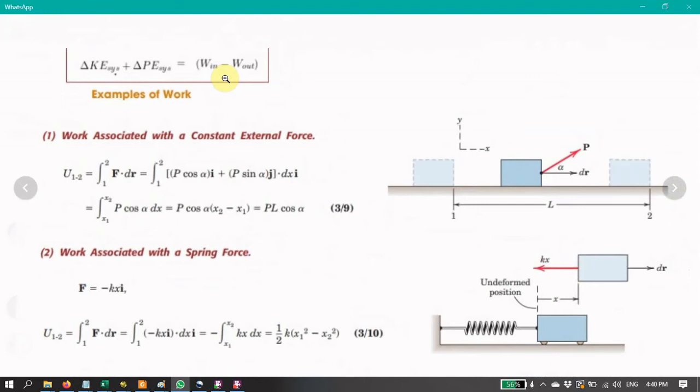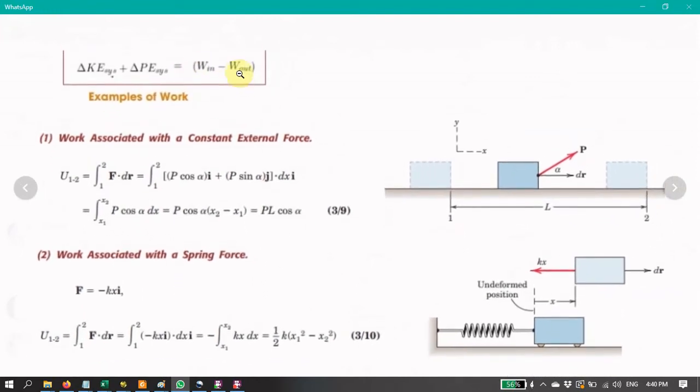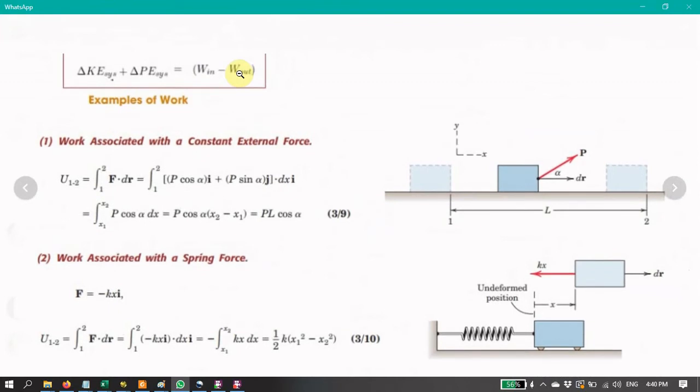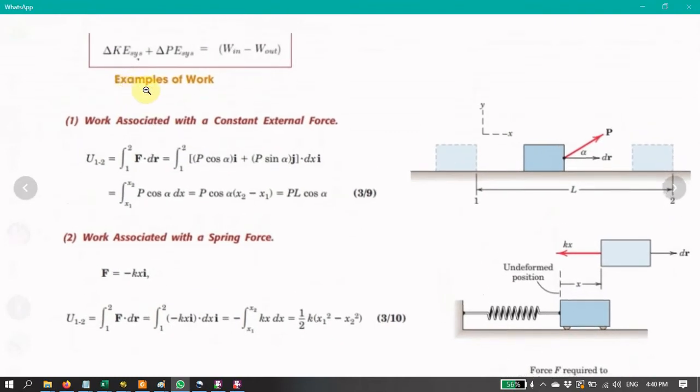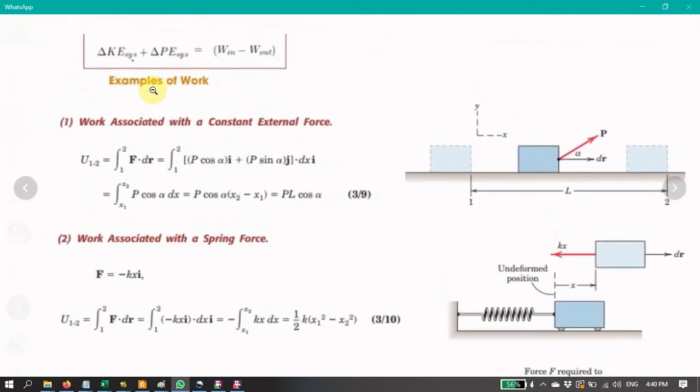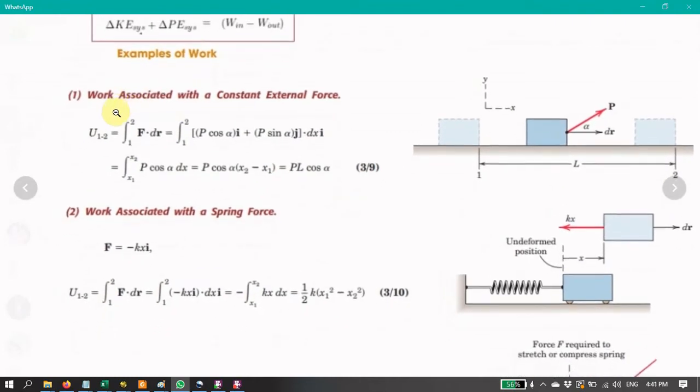Or work done by the surroundings on the body minus work done by the body on its surroundings. So there are examples of work W here, or in the book they use U, right? Sometimes you have the subscript 1 to 2, so it tells you about the time implicitly, or it tells you about the distance, right?